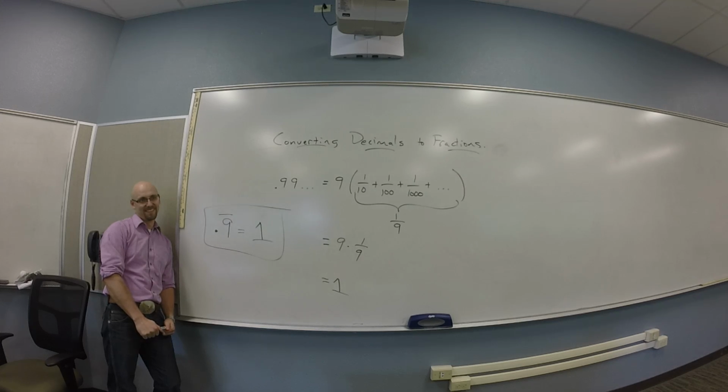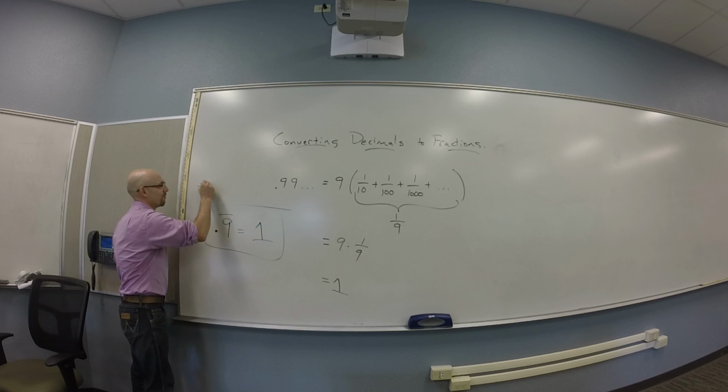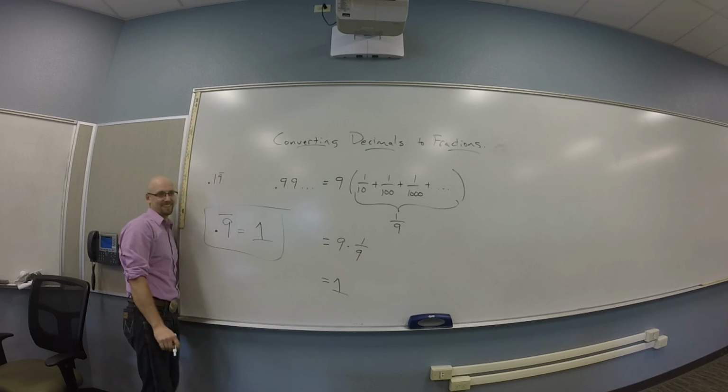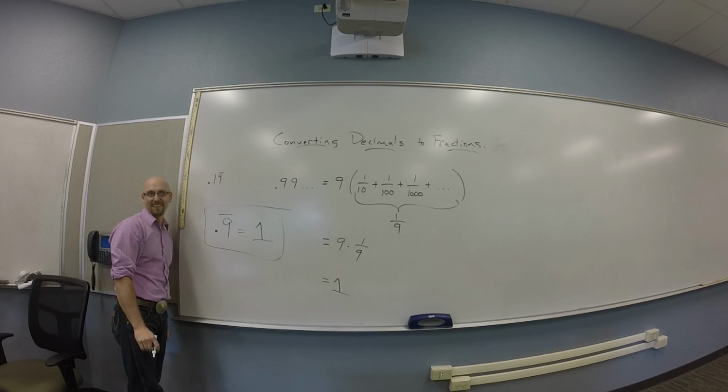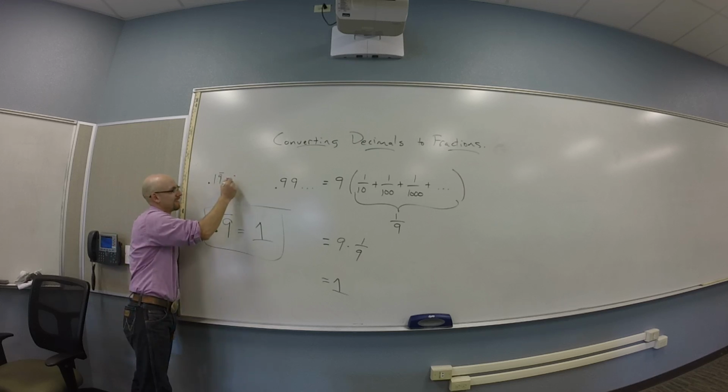Cool? Your head twisted off, Jim? Yeah. Okay, so how about this one? What's 0.19 with the 9 repeating then? It's 0.2.